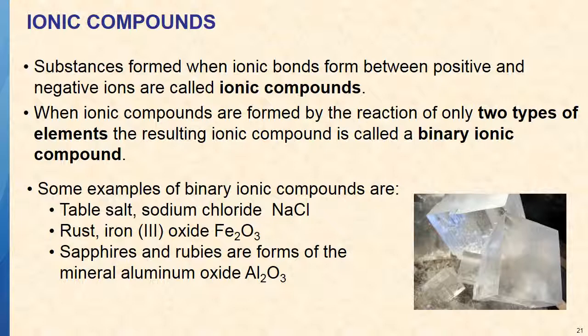So here are some examples of binary ionic compounds. Table salt, with just NaCl. Rust, which is iron oxide, has iron and oxygen. Sapphires and rubies are aluminum oxide, which is just made up of aluminum and oxygen. As we'll see in a little while, there are some ionic compounds that have more than 2 elements, but the first ones we're going to look at are these binary ionic compounds.